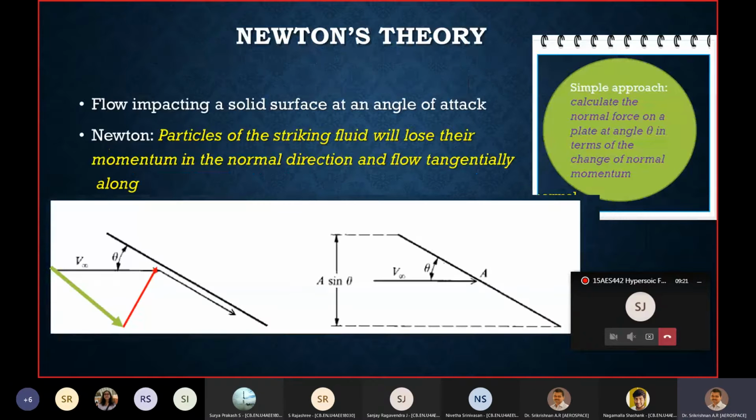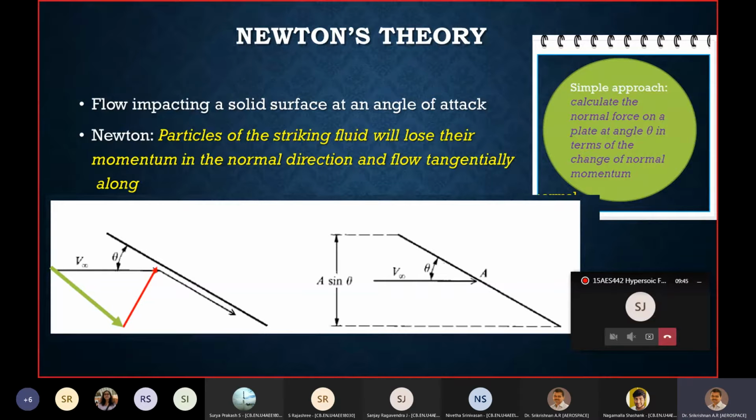Now let's come to this Newton theory. It's fairly simple actually. Considering the kind of objective that it has, the formulation of the theory is quite simple. Newton probably was always obsessed with momentum and force and rate of change of momentum, etc. So he extended all that to fluid flows also.